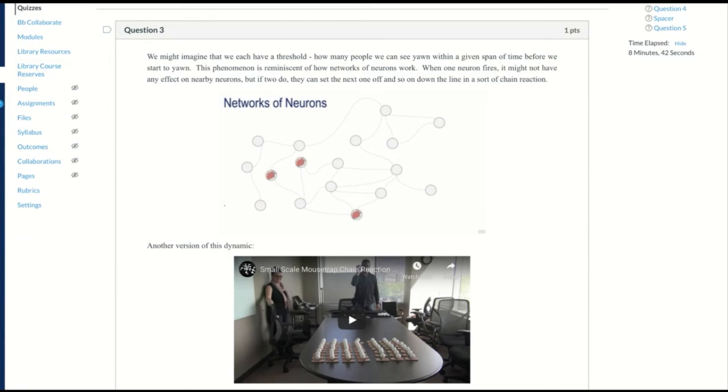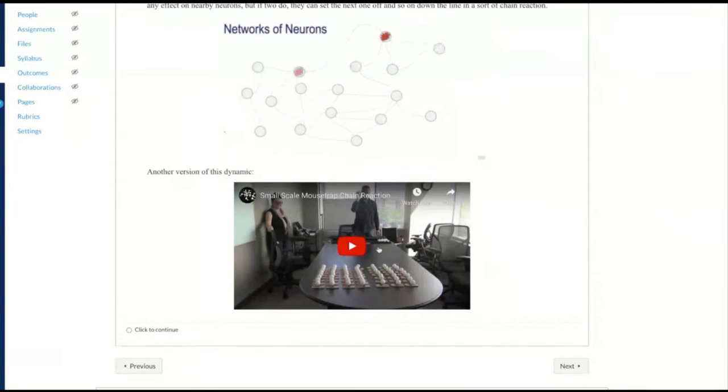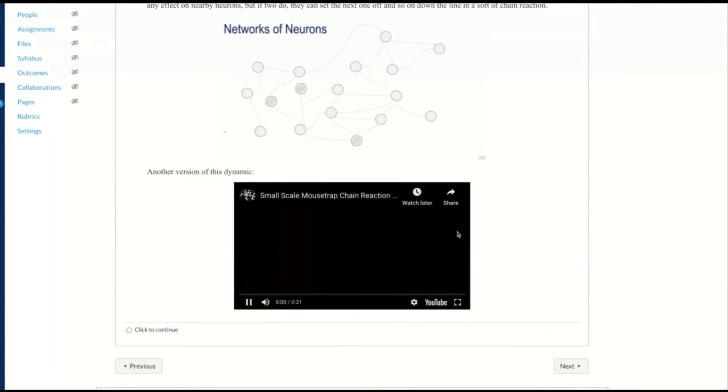So neurons passing a signal along is a bit like a group of people yawning, and then some people see them yawn, and they start to yawn, and then some people see them yawn, and so on. This video down the bottom is another example of this kind of phenomenon.